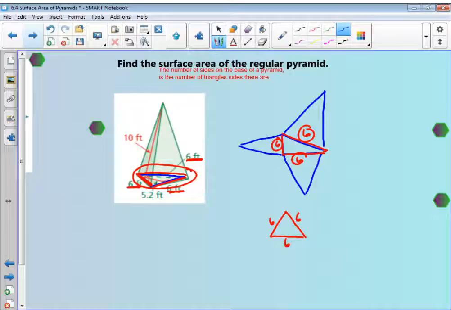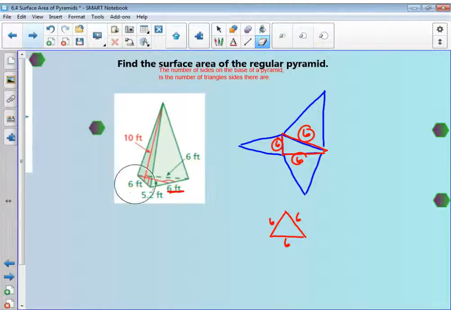Okay, there are also some dimensions right here, and it looks like they're doing a line right here. That's showing me the height of that triangle. I know it's not height when you see it, but it's that distance from here to here on that base. And they're telling me that that is 5.2. I have to understand that in order to find the area of that triangle.